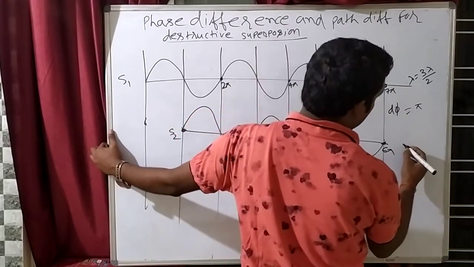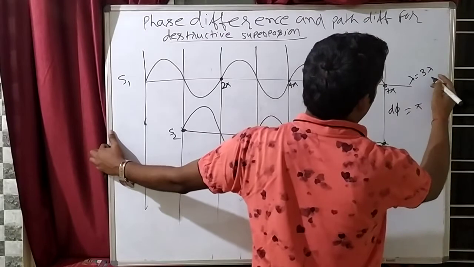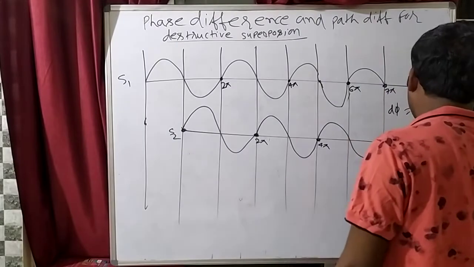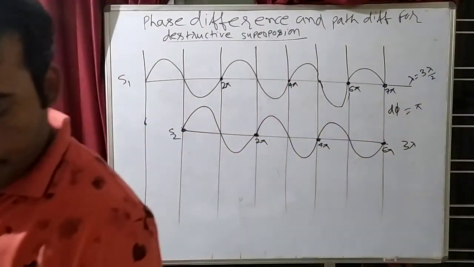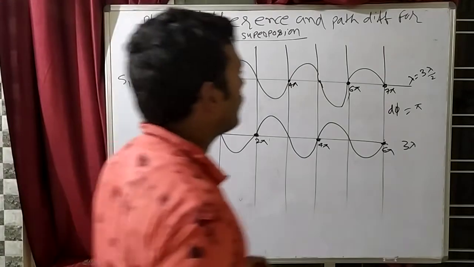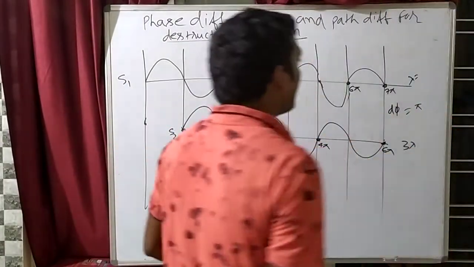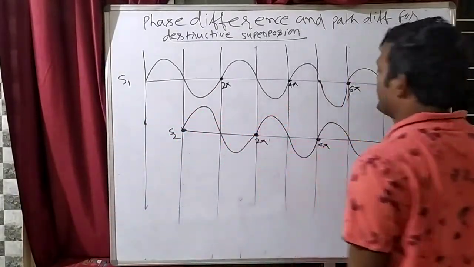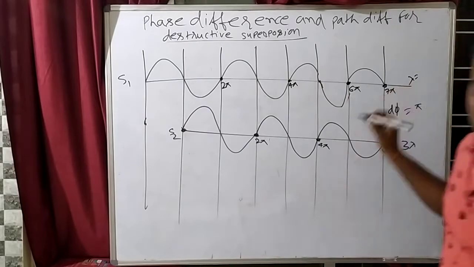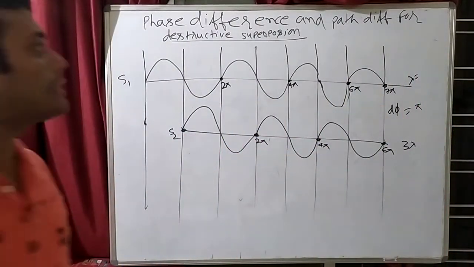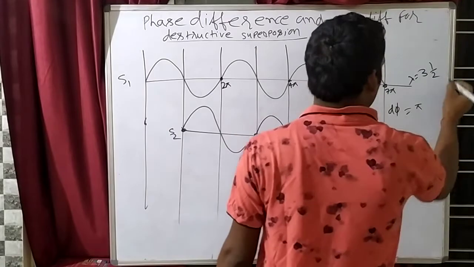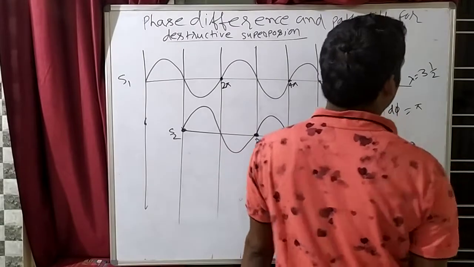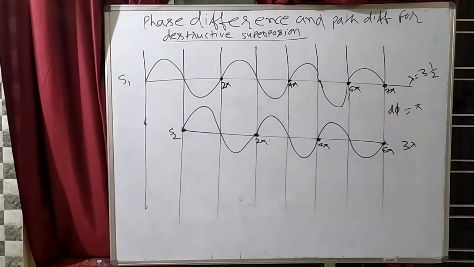See, 3 lambda and half. What does it mean? Can we write that this is 3 and half lambda? And here it is how much? 3 lambda. Clear?